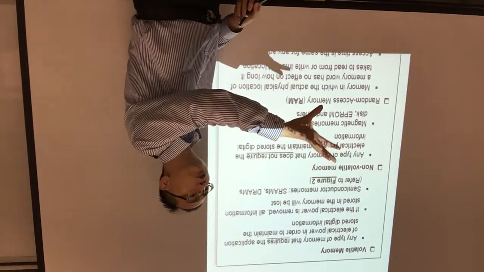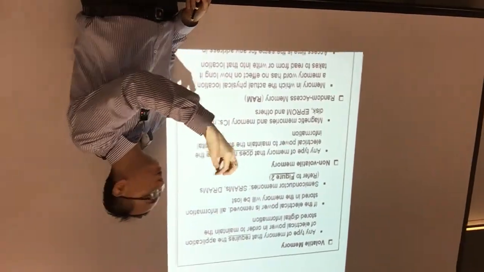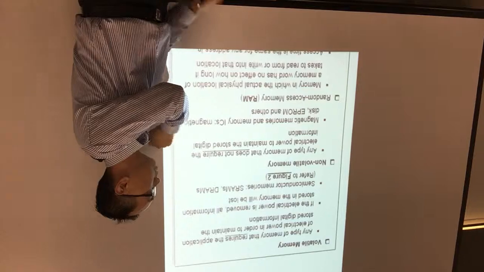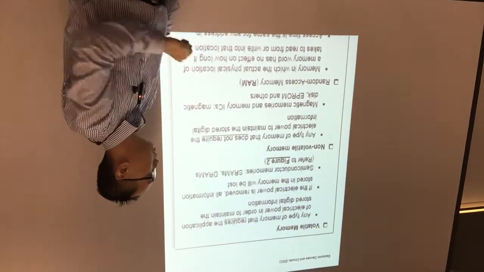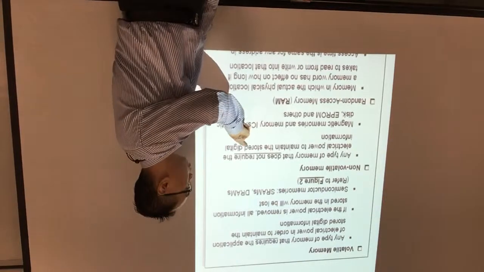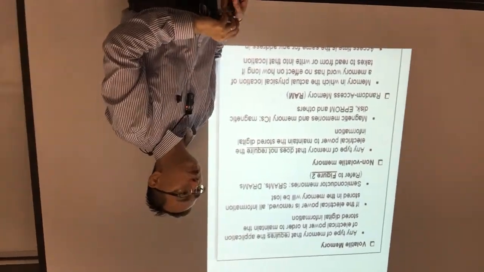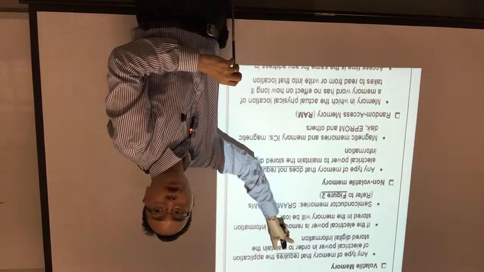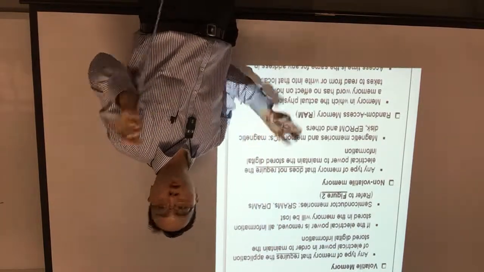Even if you remove the electrical power, the memory has been stored. It does not require electrical power to maintain; the keyword is to maintain the stored digital information. But volatile, once you switch off, gone.